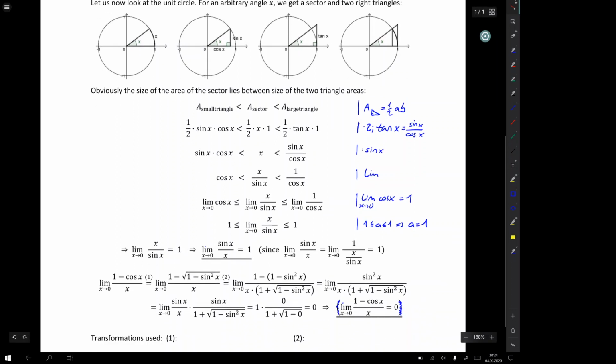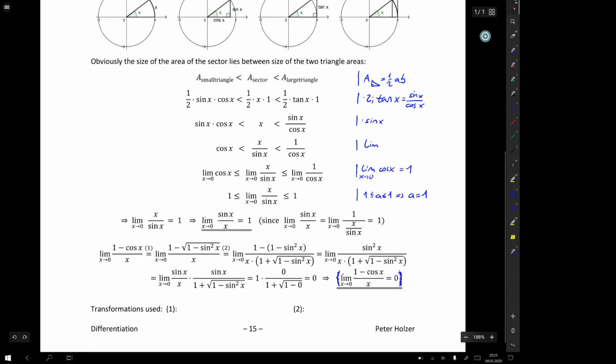Now let's look at the limit of 1 minus cosine of x divided by x. Here you have all the transformations, and try to follow what it is. Think about what is happening at this equation and here, and then we also have a look at what is happening here.